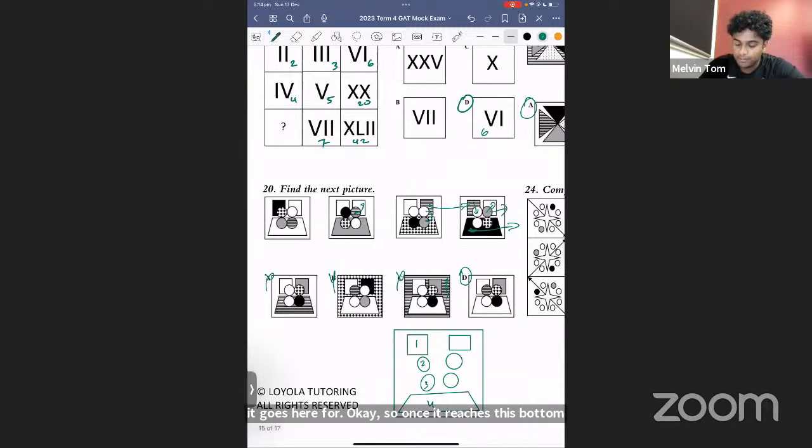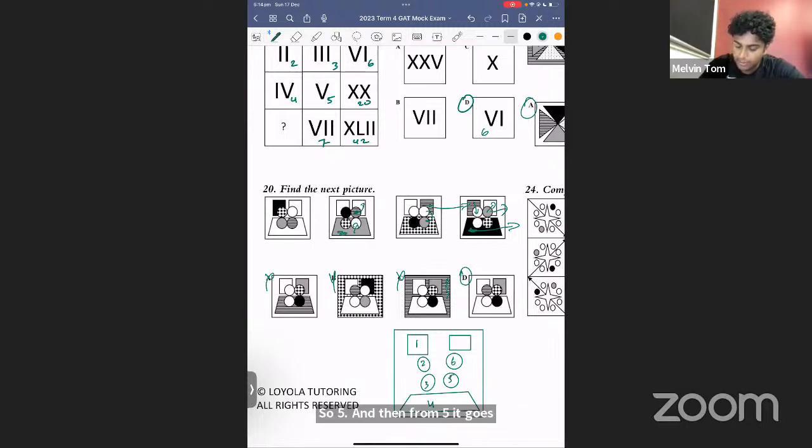So to figure that out, let's focus on this gray that starts off here and see how it moves in the next few images. The gray goes to this circle here, goes up like there. So 5, and then from 5, it goes 6, and then from there, we don't know.